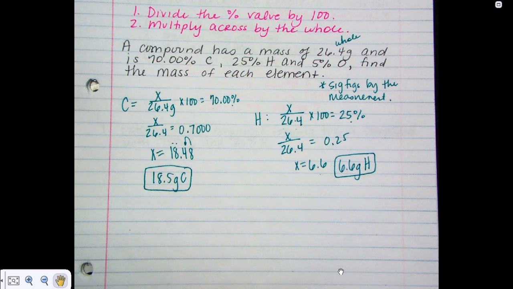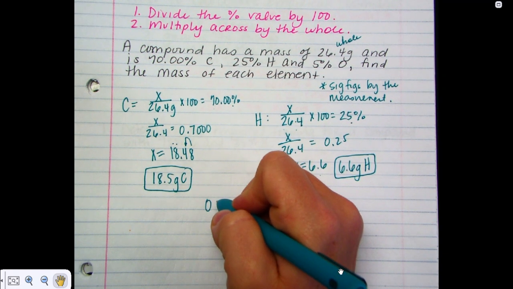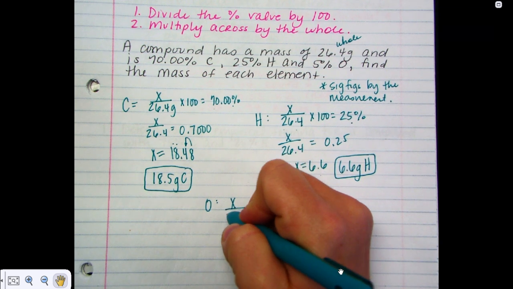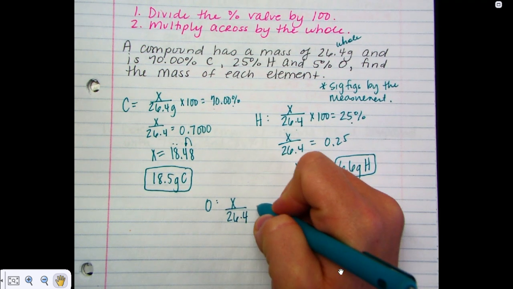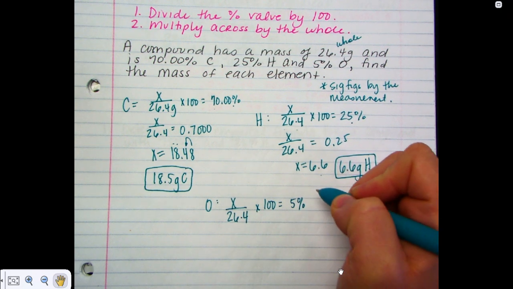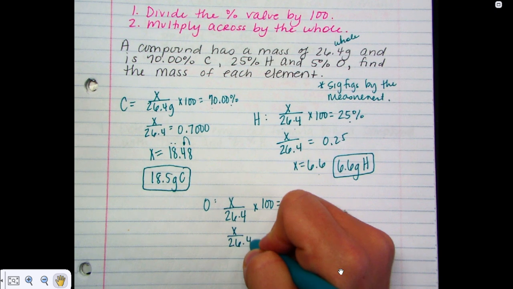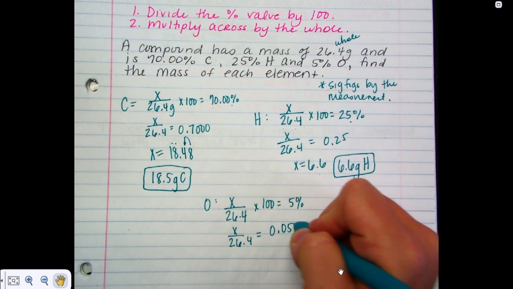All right, and my last one. I need to figure out how much left is oxygen. Oxygen, x over 26.4 times 100 is equal to 5%. Divide by the 100, x over 26.4 is equal to 0.05.